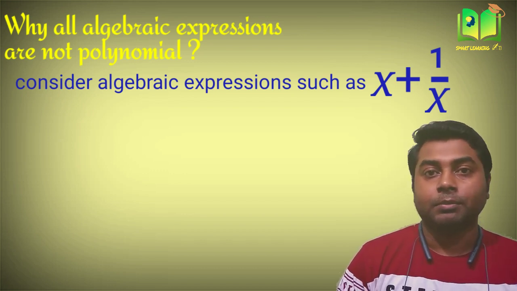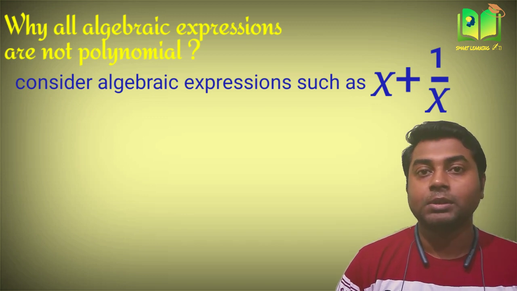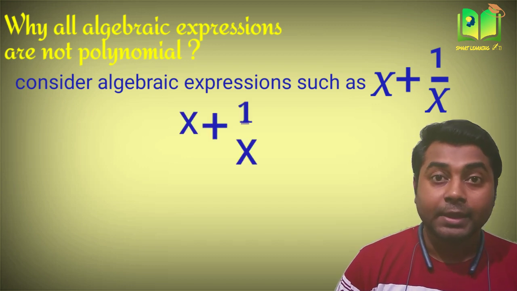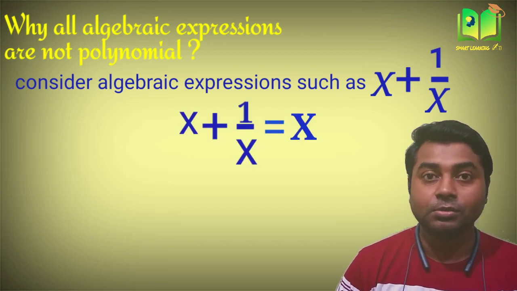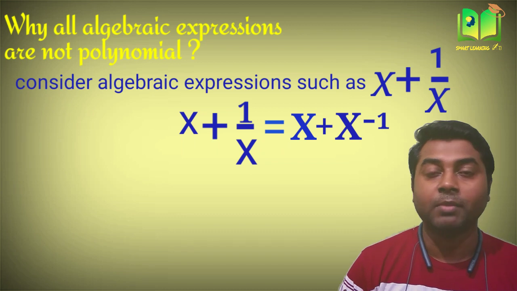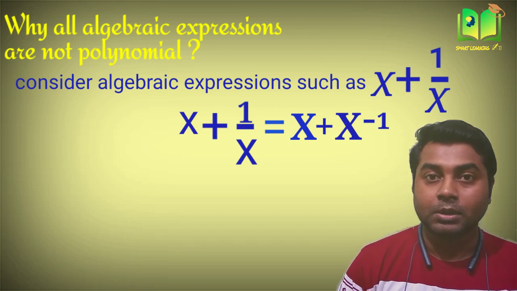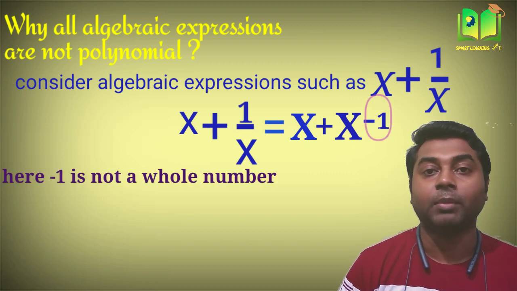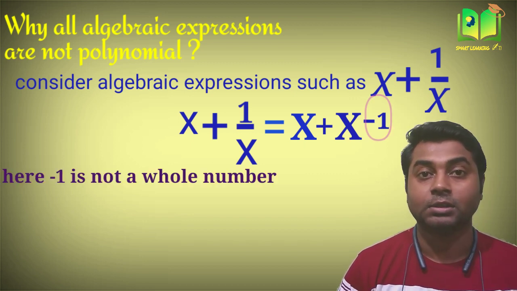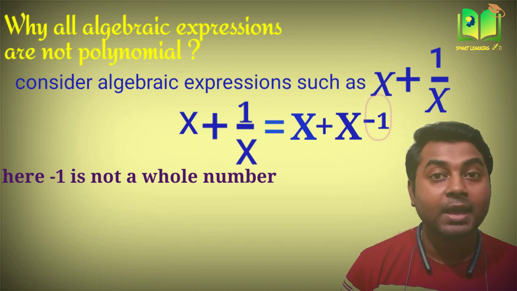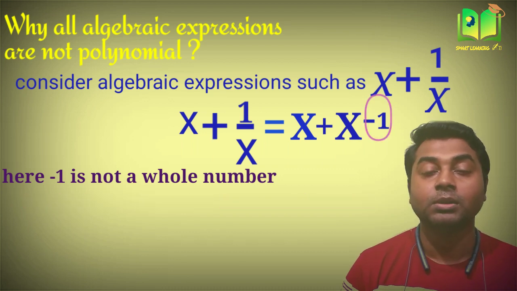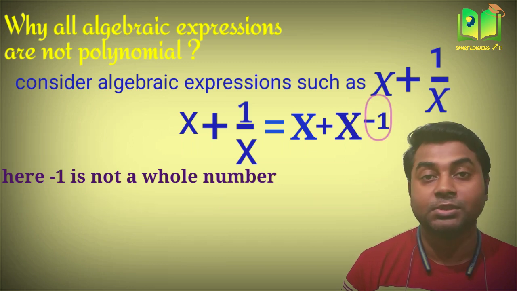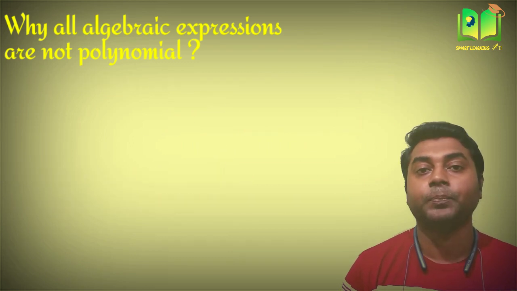But the problem is this one is not a polynomial. How? I am explaining to you. x plus 1 by x equals x plus x to the power minus 1. Now you tell me, is minus 1 a whole number? No, minus 1 is an integer. As minus 1 is not a whole number, we can't take this algebraic expression as a polynomial.